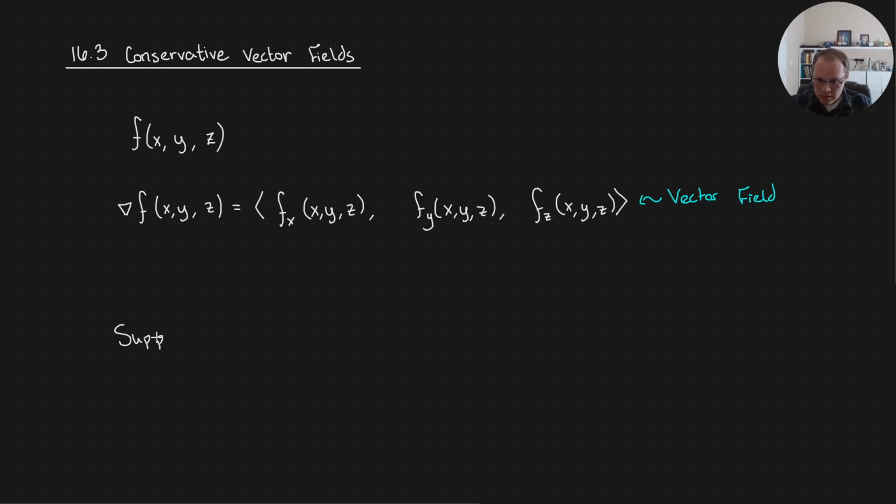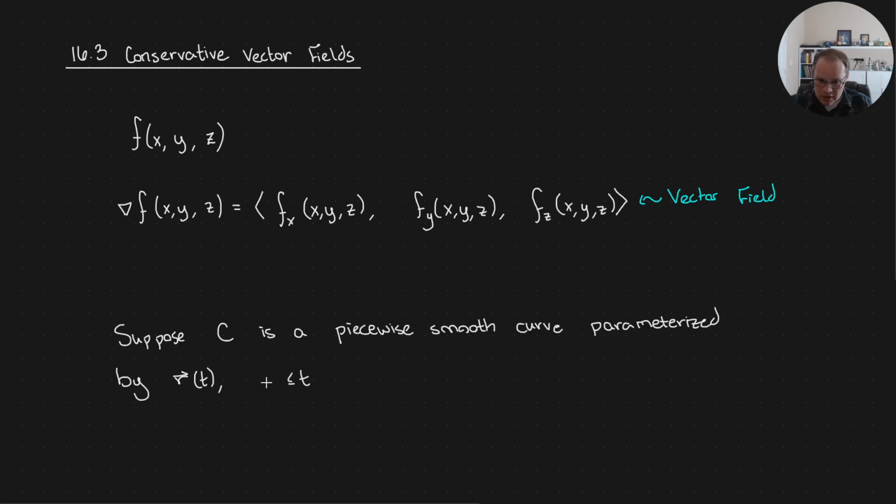suppose C is a piecewise smooth curve, parameterized by r of t, where t ranges from a to b.